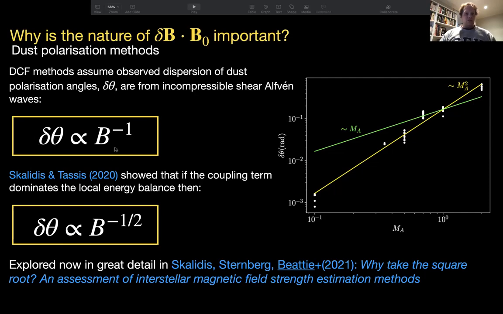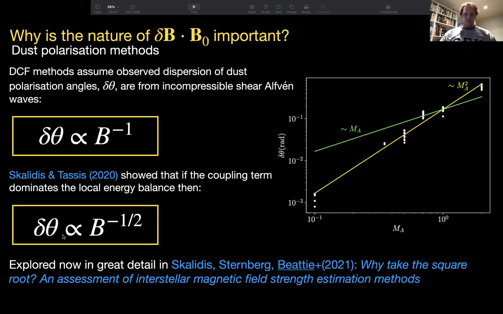The dispersion angle is proportional to 1 over b. But when we think that this term is the important one in the local energetics, then we get this new scaling, sigma theta. Sorry, the dispersion is 1 over the square root of b, and you can see it fits the data much better.